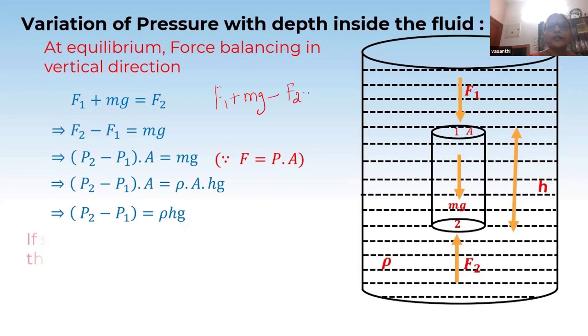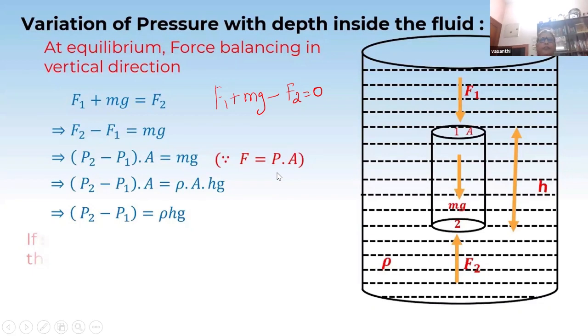So F2 minus F1 is mg. If P2 is the pressure applied on face 2, then (P2 minus P1) into A is equal to mg.